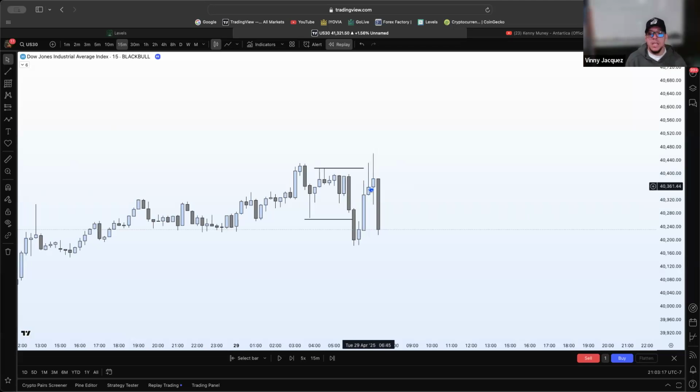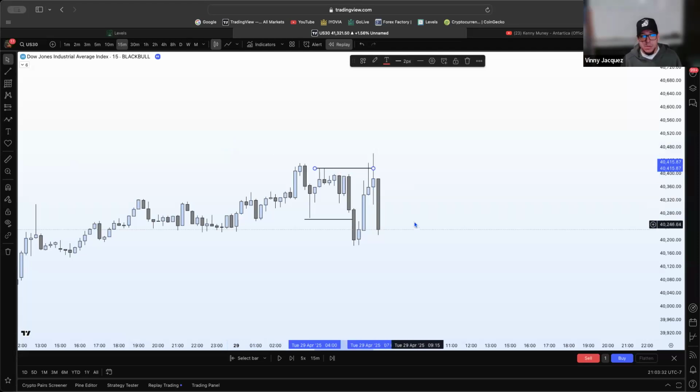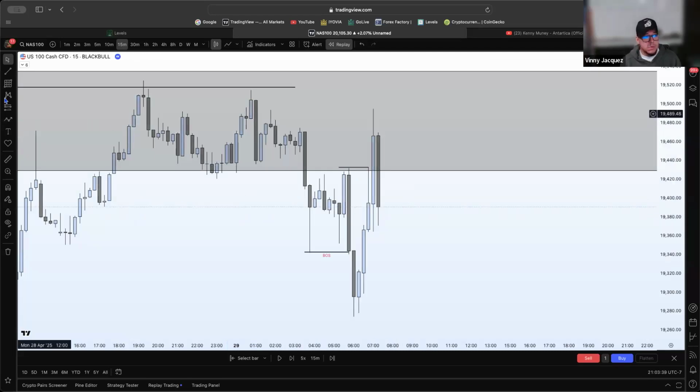But you have to understand which one you're going to be participating in. Because I'll tell you right now, I didn't see a change of character on US30. I'll be honest, I'm more of a US30 trader. I like US30 a little bit more. But it doesn't give me the change of character that I'm looking for. But NAS does.